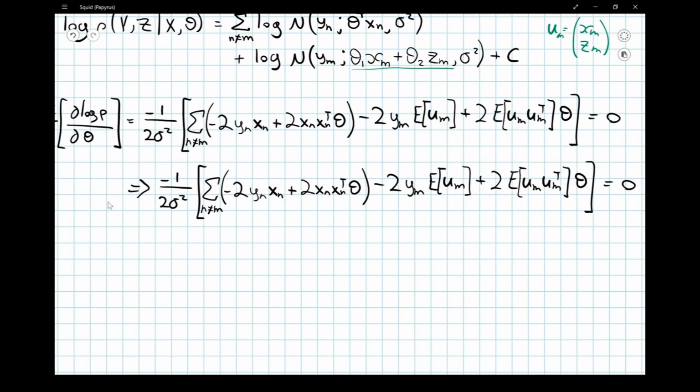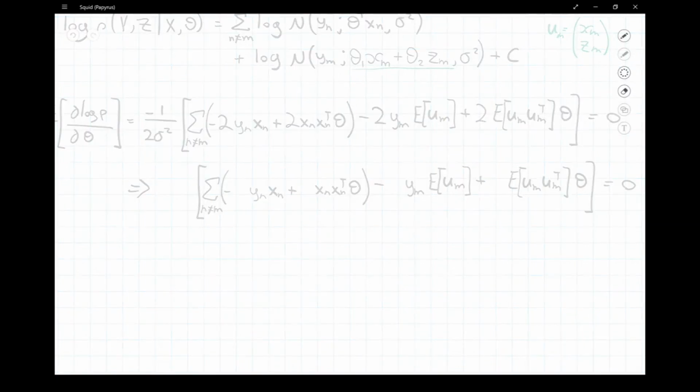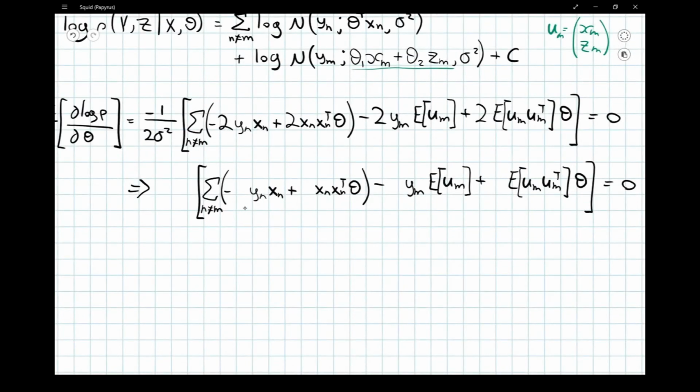Okay, so we can get rid of this straight away. And then everything here has been multiplied by 2, so we can get rid of all those 2's as well. Right, so just squish everything up.